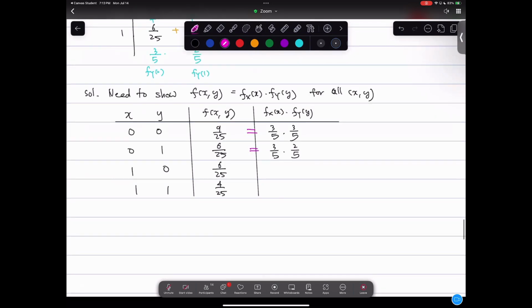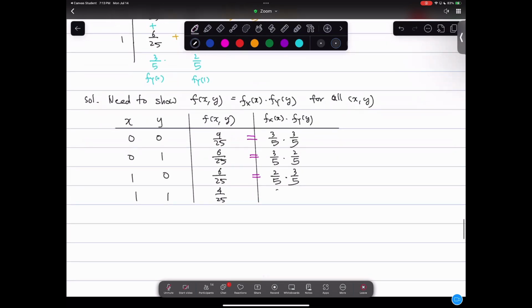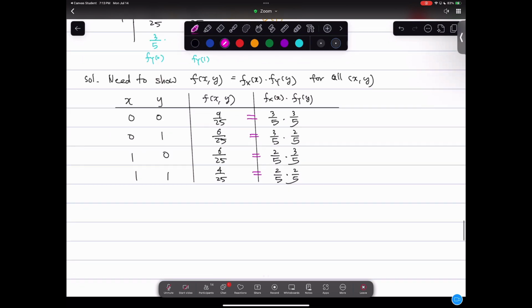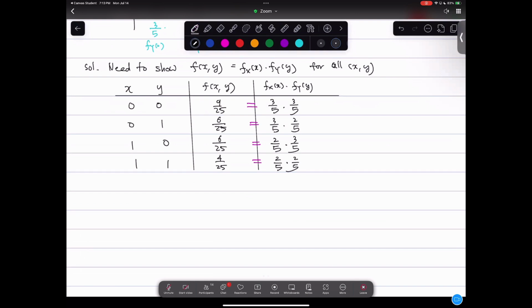Then the same way, that should be 2/5 and 3/5. Are they equal? Yes. And finally, we get 2/5 and 2/5. They're equal. So every single ordered pair, they're all equal to each other. The product of the marginals equals the joint. So therefore, I know the x and y are independent. So that's how we check them.